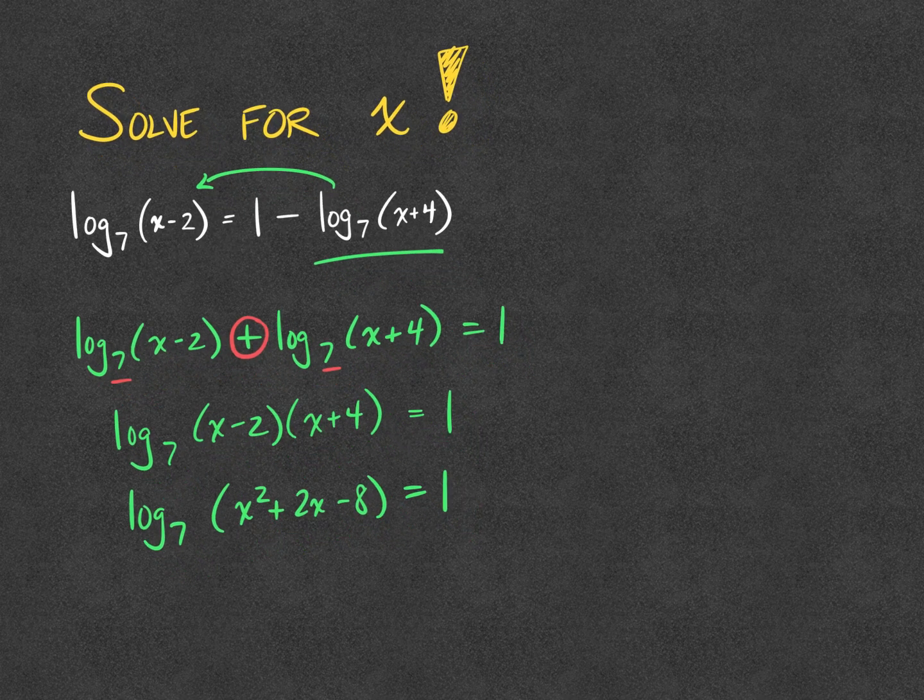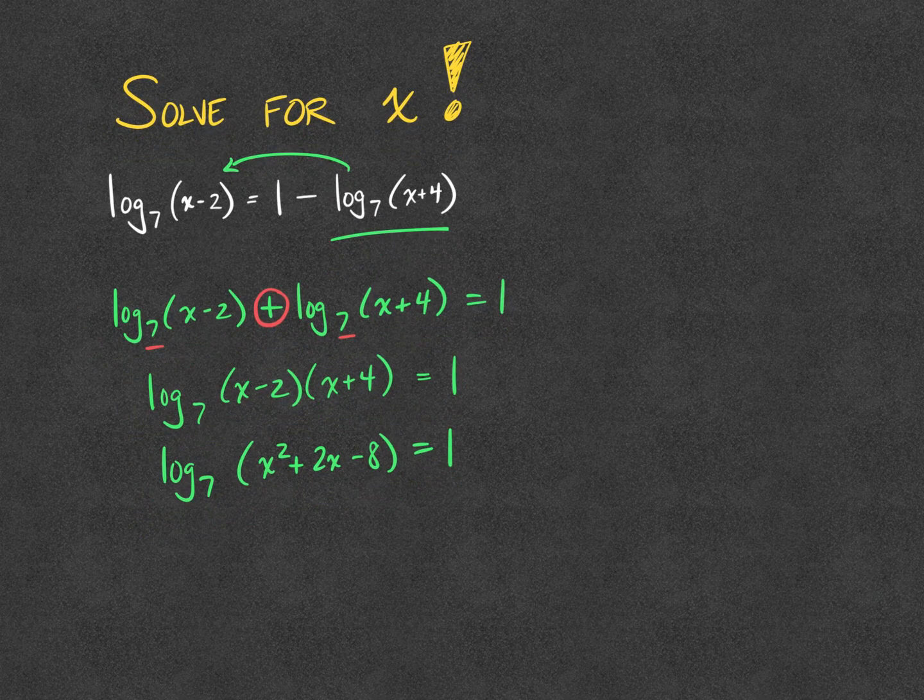Because now that I have a single log equal to a number, I can change that to exponential. So the result of that log is equal to 7 to the exponent 1. So 7 to the exponent 1 has to equal x squared plus 2x minus 8. Of course, I don't have to write that exponent 1.